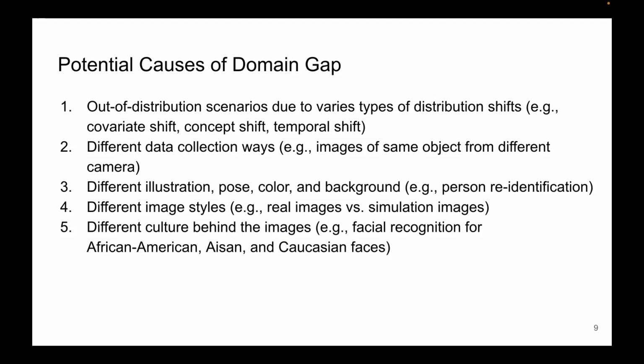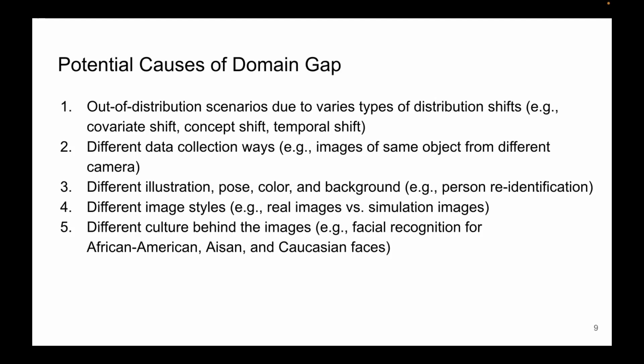And even more, you have some scenarios with temporal shift. Over time, the data distribution will change, right? In general, all those things could be the cause of the domain gap. In particular, you can also see some concrete examples. Let's say the data collection methods might be different.